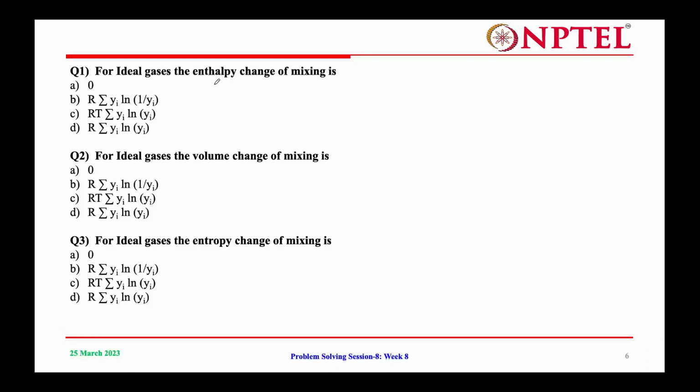For an ideal gas, the enthalpy change of mixing is, yes, right. For enthalpy and volume also it is 0, right? And internal energy 0. Delta V mix, delta H mix is 0.